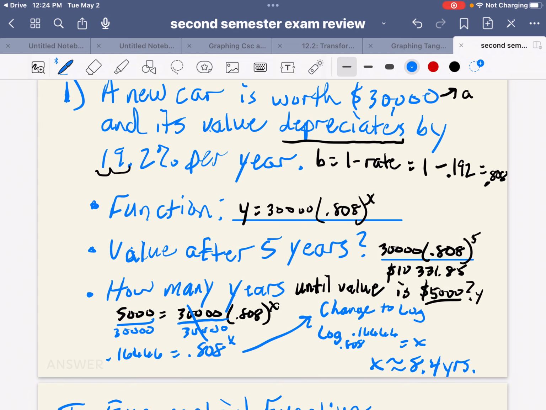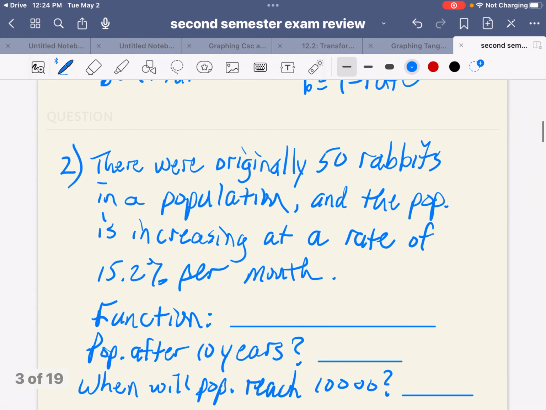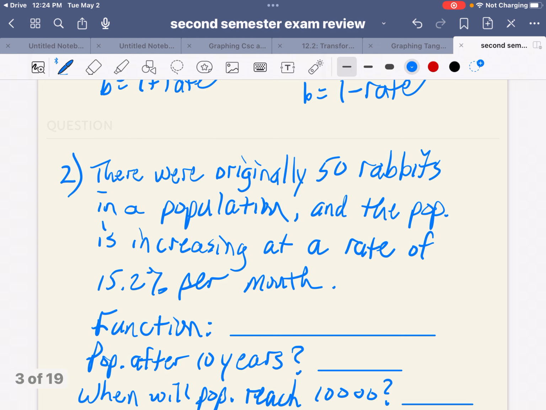So if you need more than just that question, ask me to do more in class. Here's another example of the same thing. There were originally 50 rabbits in a population, and the population is increasing at a rate of 15.2% per month. So this time, A equals 50 because that's the initial number of rabbits, and b is equal to 1 plus the rate.